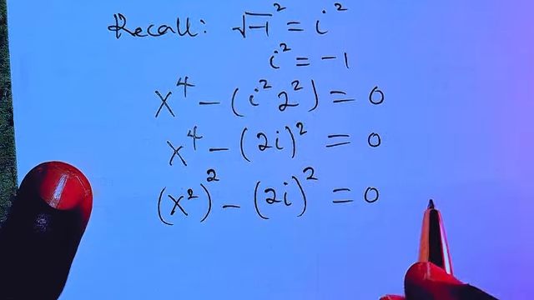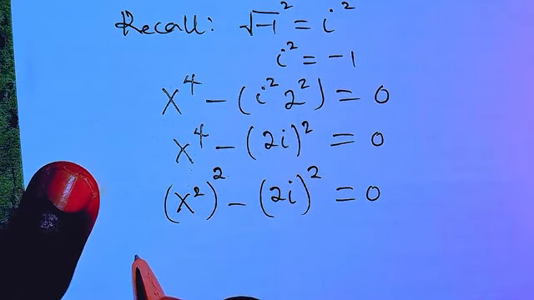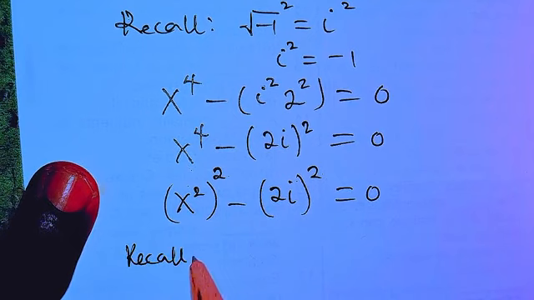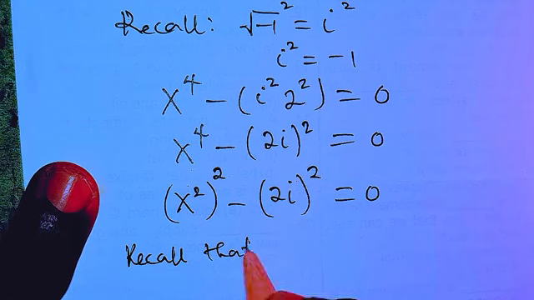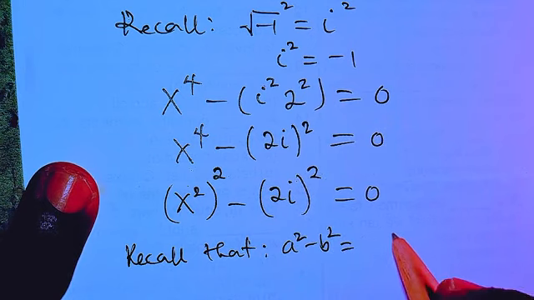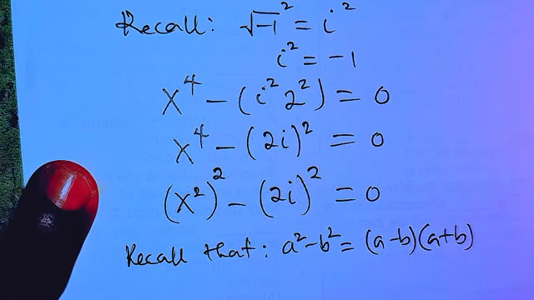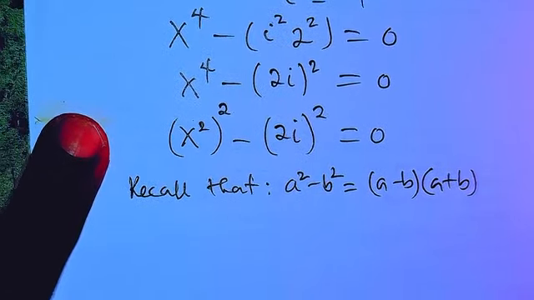So now here, what's the next thing we are going to do? We should recall that if you have a squared minus b squared, this will give us a minus b, a plus b, that is the difference of two squares.